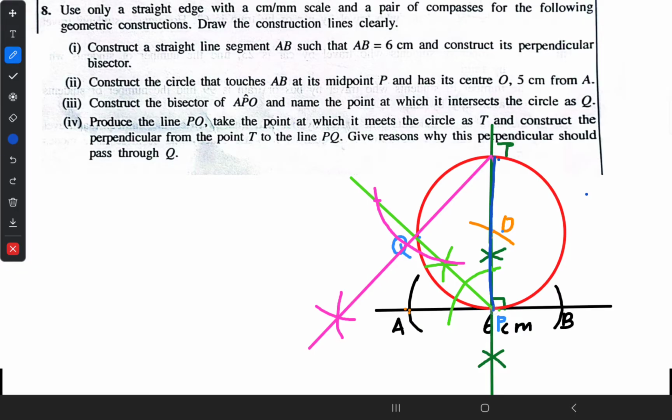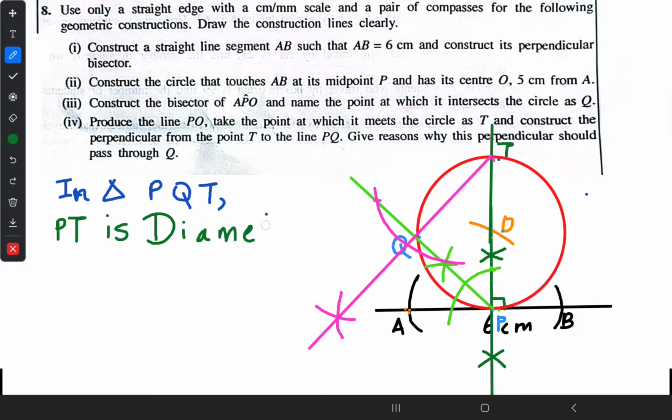Easy, because we know this line, think about this PT. We have to write that properly. In triangle PQT, PT is the diameter. The diameter will bisect the total circle into two semicircles, two semicircular laminas.